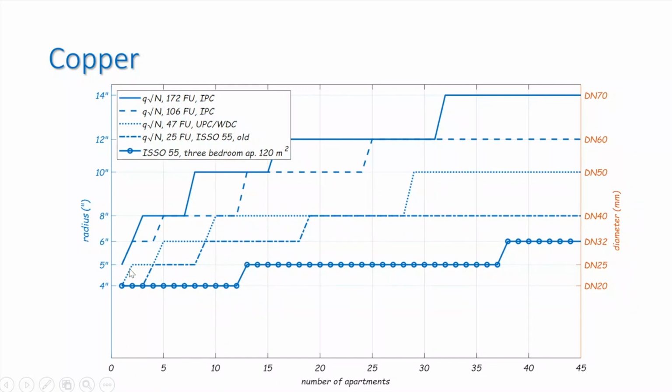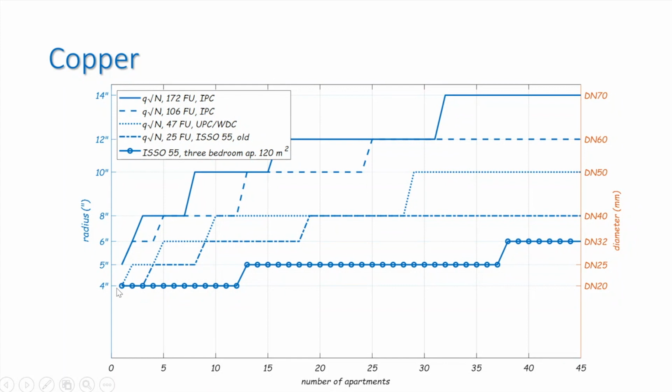Whereas, according to the way we would design it with the IPC values, it would be 8-inch, 10, 12, and even 14-inch, which is not really used very often. Again, here is the number of the inches, the American values on the left, and diameters in millimeters on the right.